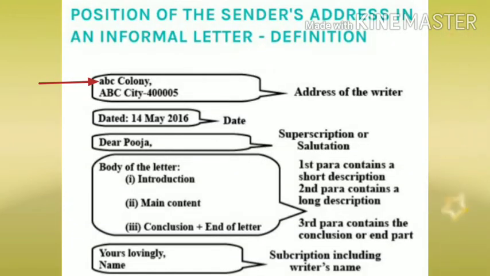In this image, we can see that the sender's address or writer's address is written at the top, left hand corner of the letter. Please make sure you follow this rule that you write your address at the left hand corner of the letter. Okay?